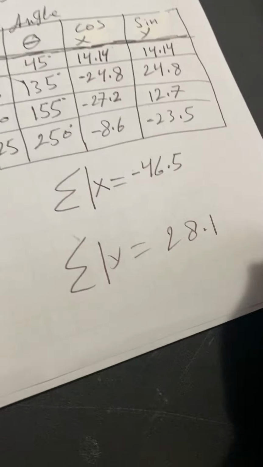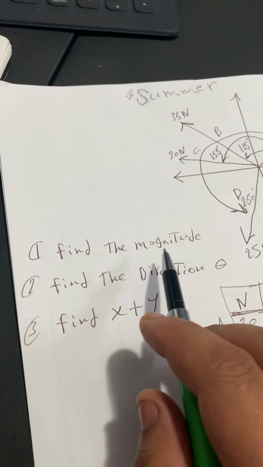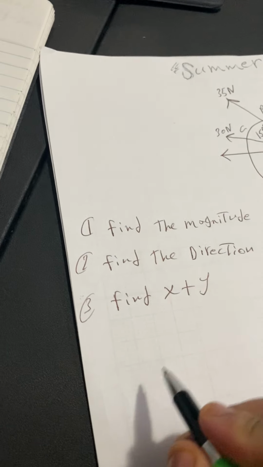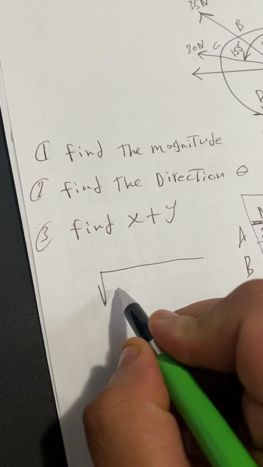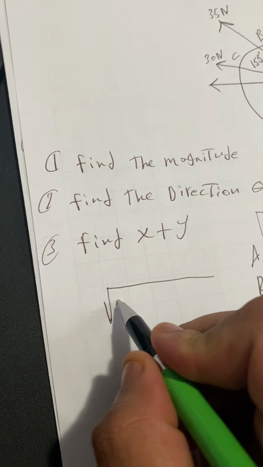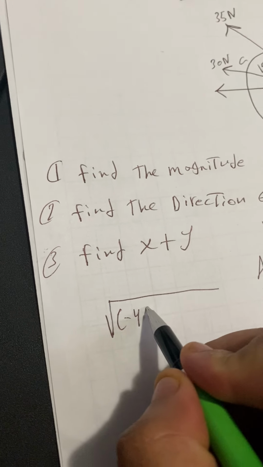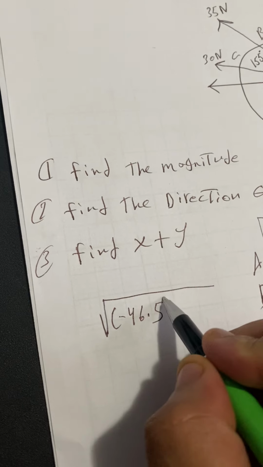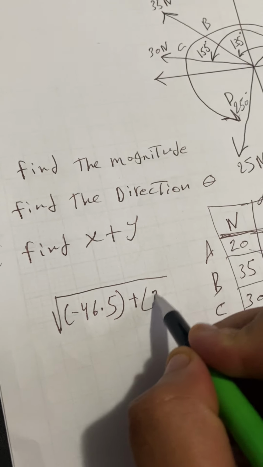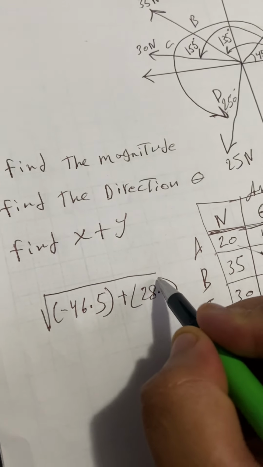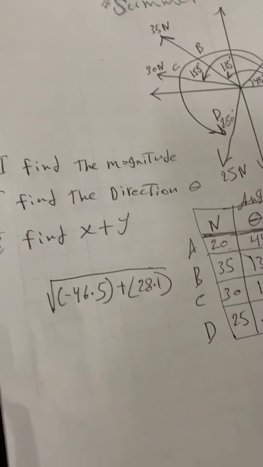Alright, so we get the x, we get the y. And then let's solve this problem now. We have to find the magnitude. The magnitude, you're gonna do this one. You're gonna use this method. Negative 46.5 squared plus 28.1 squared. We get it. You can put in the calculator like this.